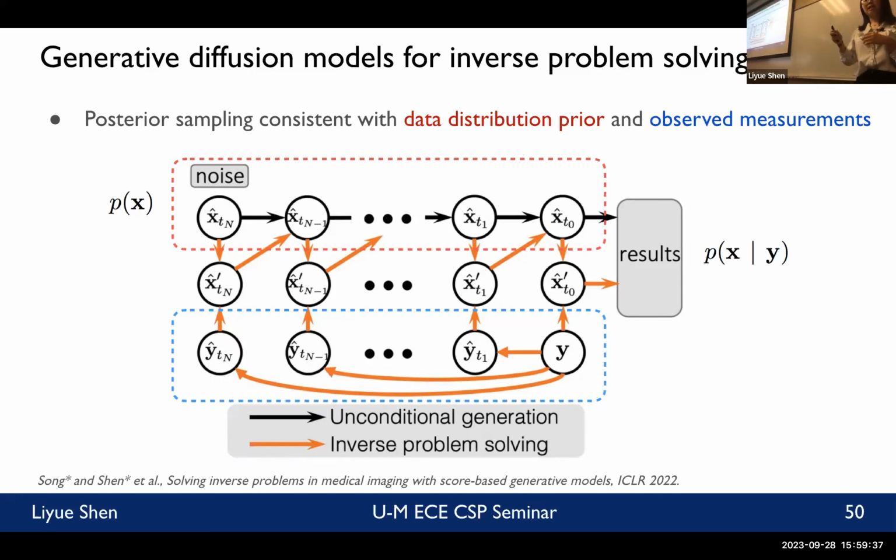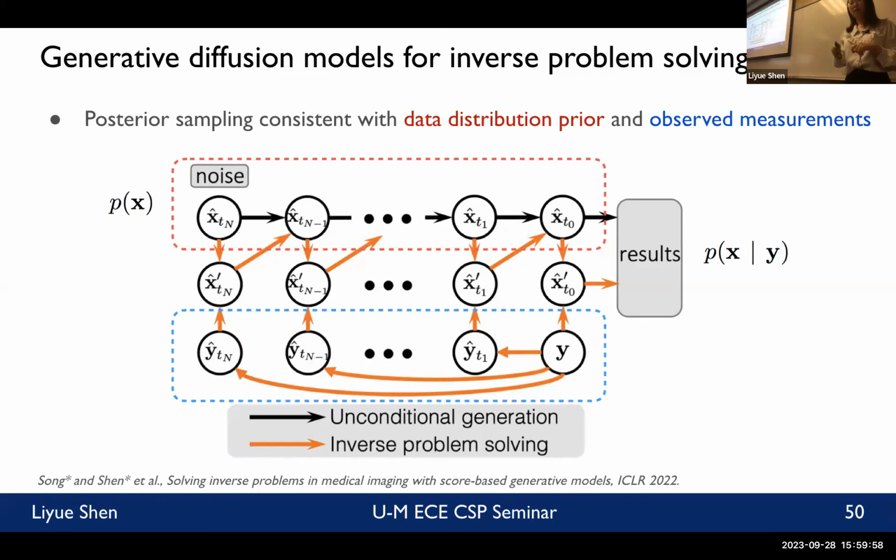The key idea is how we can inject the measurement y into each of the steps to generate samples from this posterior distribution that are consistent with both the data distribution prior captured by the unconditional diffusion model and the observed measurements y.